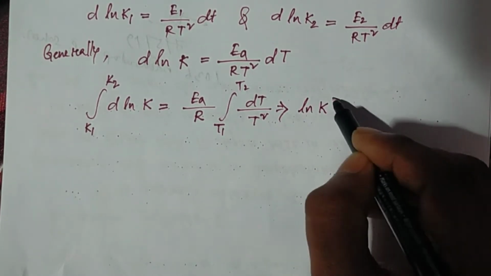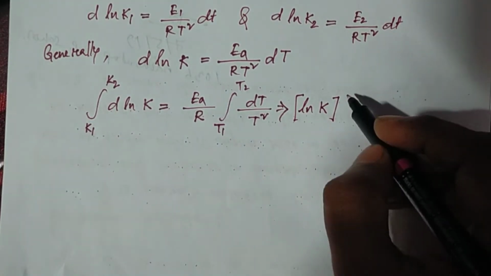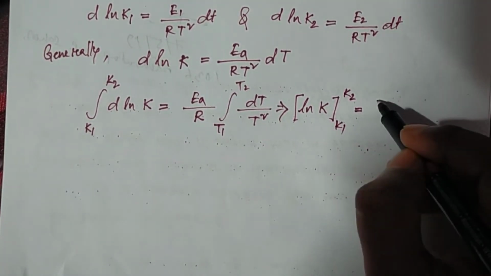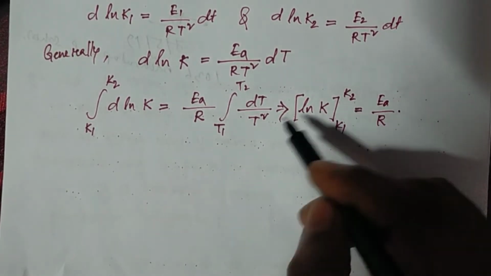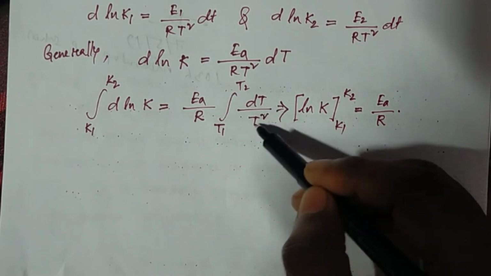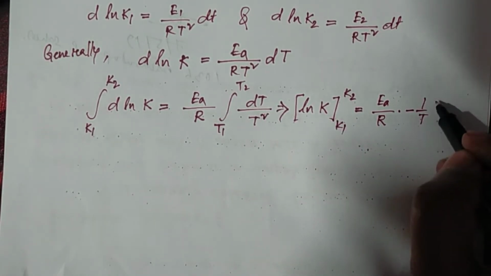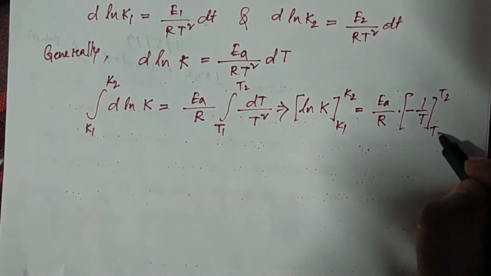So ln K from K1 to K2 is equal to EA by R, and when you integrate this part it will give you minus 1 by T, between T2 and T1.